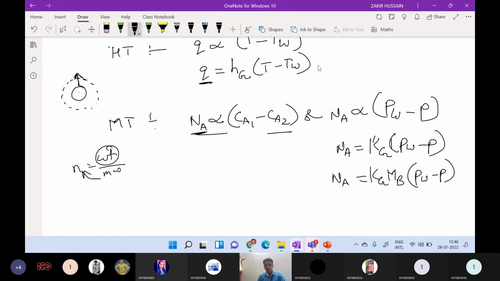So that's why we can write this with the latent heat of vaporization, lambda W. In place of this mass flux, we can write in terms of heat quantities: lambda W, the latent heat of vaporization of water, into this mass transfer coefficient with respect to mole fractions, Ky, into the mole fraction of the liquid.